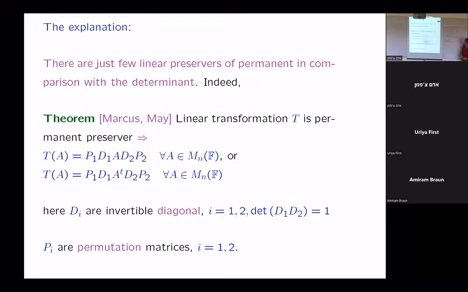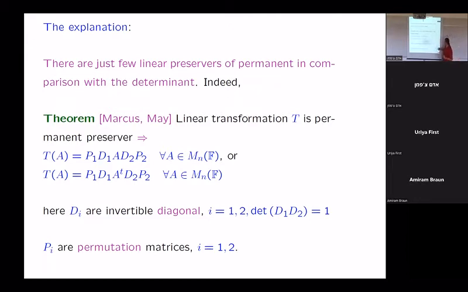But the reason why it is still exponential time to compute permanent by the Ryser formula, and why it is so difficult, could be easily explained by the Marcus and Minc result from the 60s. They actually showed that the set of maps which preserve permanent is rather small.